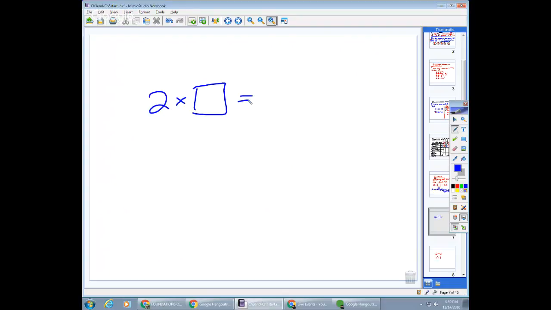1 is the multiplicative identity, right? What could you multiply by 2 to get 1? 0.5 or 1/2, yeah. By the way, 0.5 is slang, like ain't is slang. What's the proper way to read that?